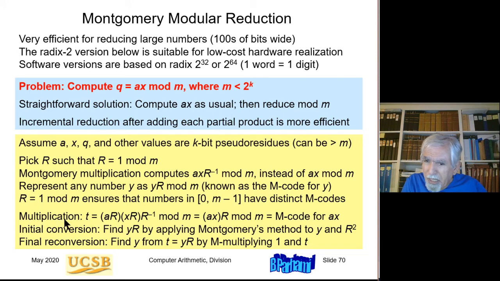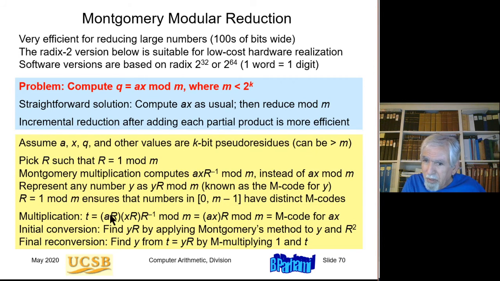So to do multiplication, you take the Montgomery code for a and the Montgomery code for x and do Montgomery multiplication, which gives you the two operands multiplied by r to the minus 1. Okay, and this can be shown to be ax times r modulo m, but ax times r is the Montgomery code for the product ax.